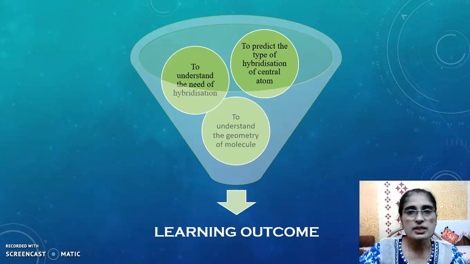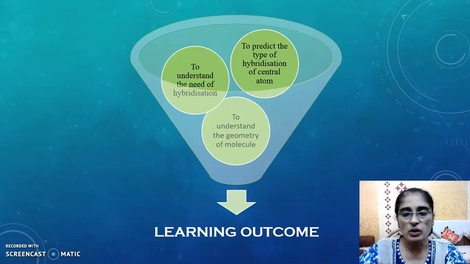Now after discussing this formula to calculate the hybrid state of the central atom, we can easily predict the type of hybridization that a molecule is going to show. Based on the type of hybridization, we can determine the geometry of the molecule. We can determine the bond angle present between the atoms in a molecule.